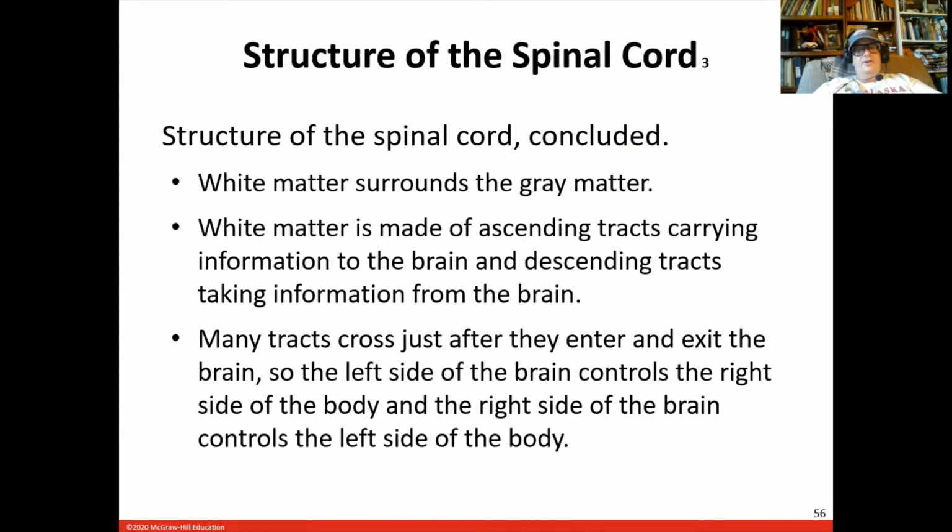The white matter surrounds the gray. The white matter has ascending tracts that go from body up to brain, and descending tracts that go from brain down to body. Then as you go down the spinal cord, when you're at the level where you need to go out to the spinal nerve, you go out the intervertebral foramina. Okay, good.